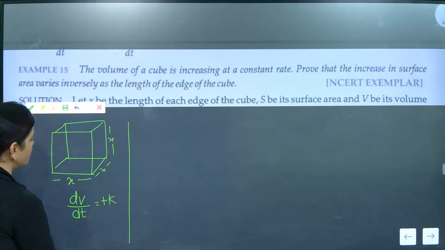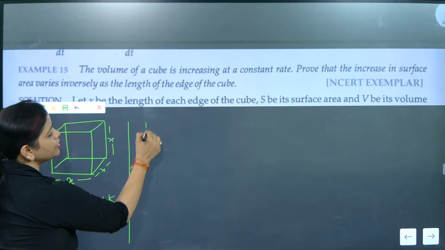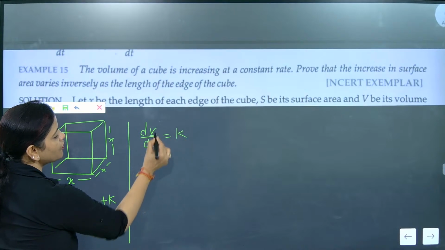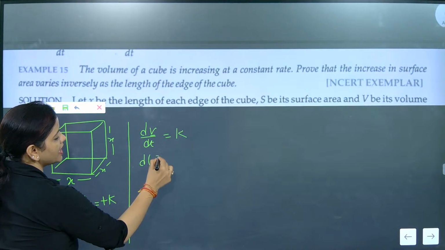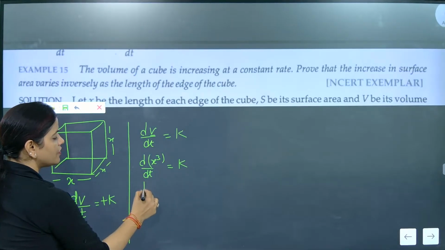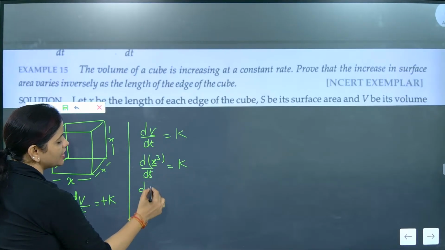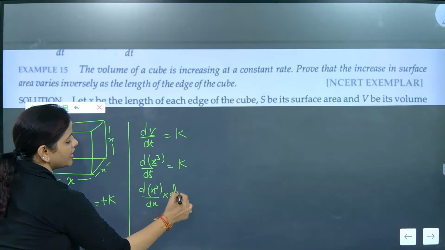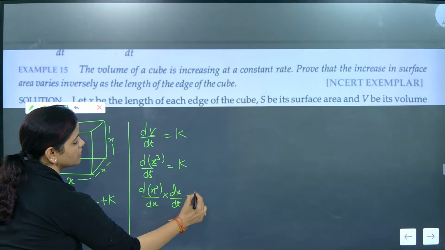What to do? Now look here. Beta, what is given to you? dV by dt is equal to k. Now what is volume, beta? Volume is x cube, so d(x cube) by dt is equal to k. We cannot differentiate x with respect to t directly, so it becomes d(x cube) by dx into dx by dt is equal to k.